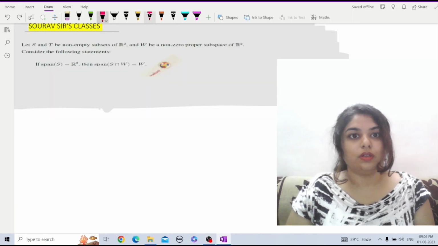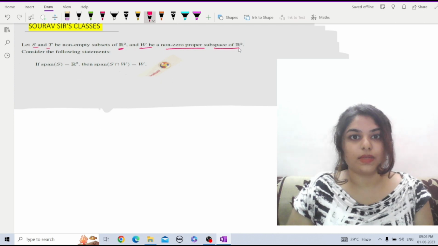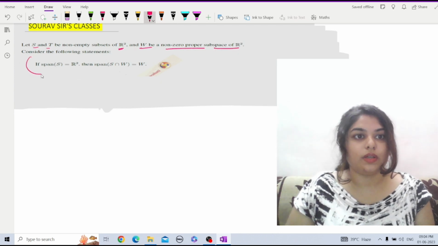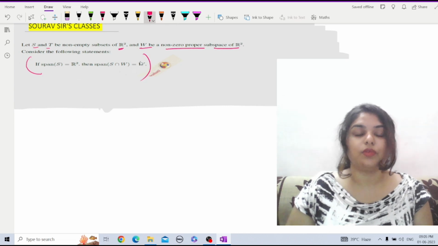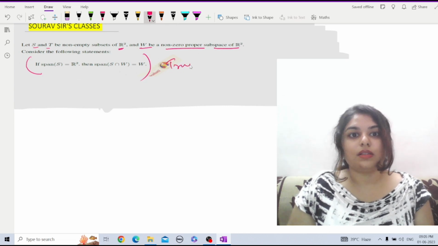The next question: S and T are non-empty subsets of R^2 and W is a non-zero subspace of R^2. Consider the following statement: if span S is equal to R^2, then span S intersection W will be W. We have to test whether this is true or false.